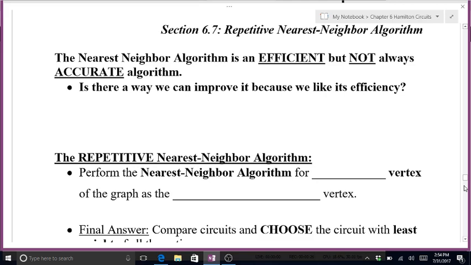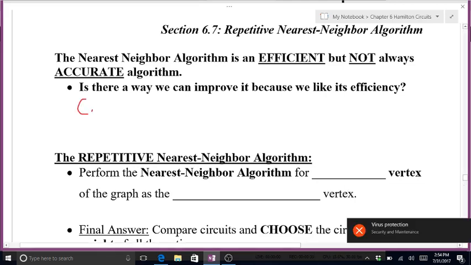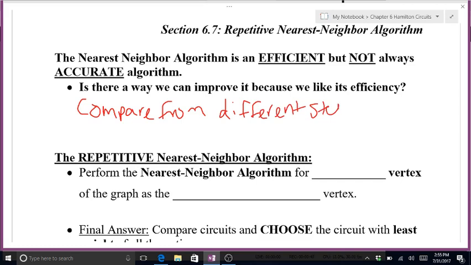What we're going to do is compare from different starting spots.